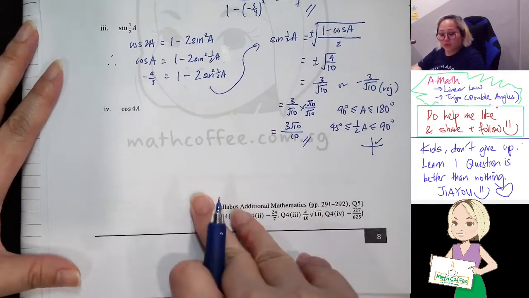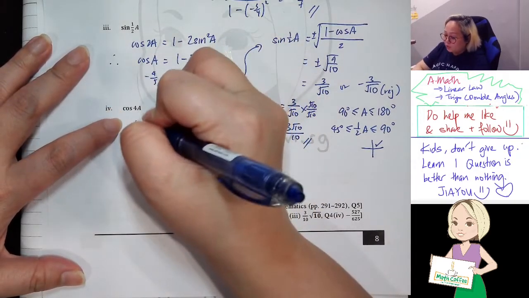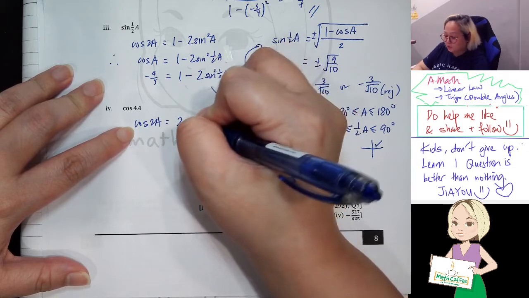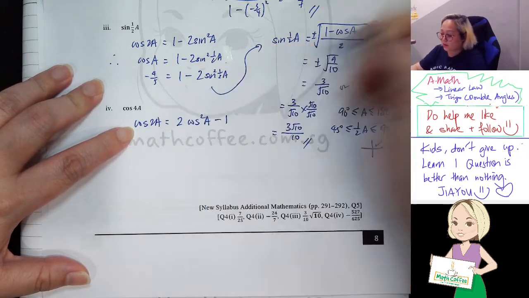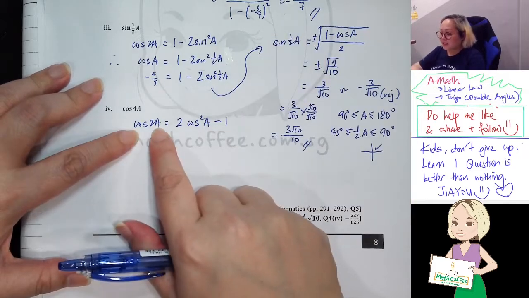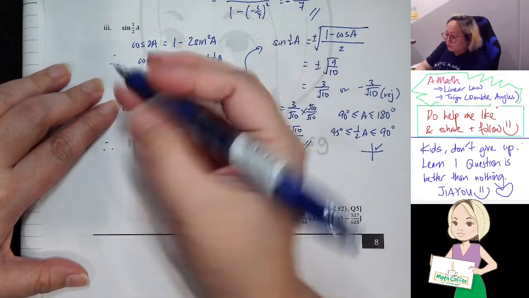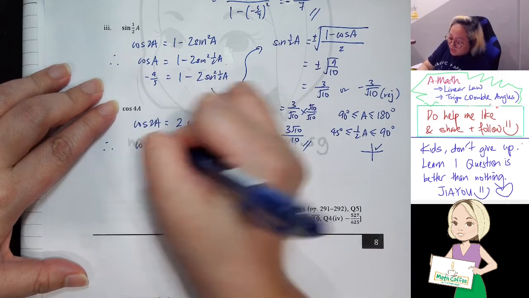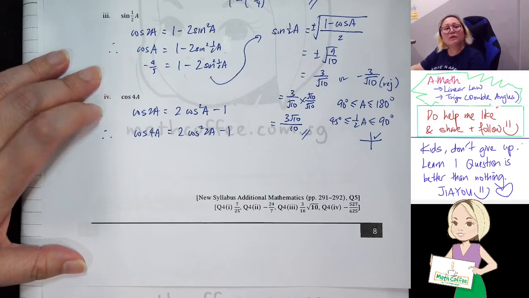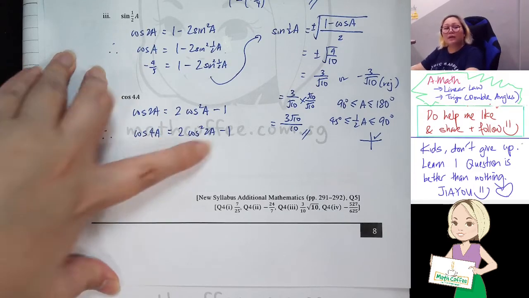So if it's cosine 4A, again, I'm going to use the double angle formula. I'm going to use cosine 2A. This is from the formula list, which is cosine 2A equals 2 cosine square A minus 1. Remember, the double angle formula means the left-hand side theta is double the right-hand side theta. So I'm going to apply it to cosine 4A. So cosine 4A will be 2 cosine square 2A minus 1. My theta is still double the right-hand side theta.